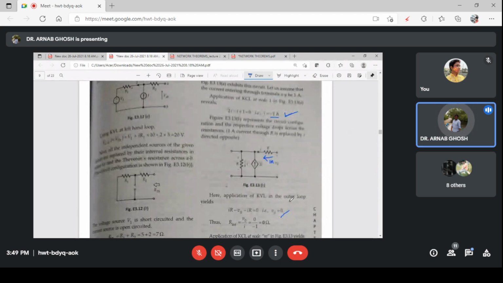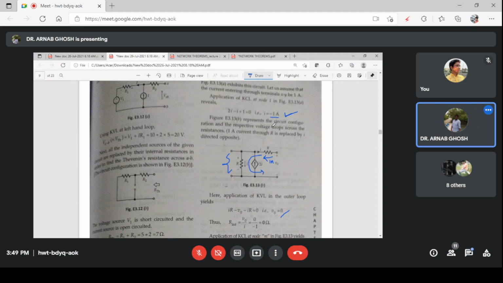VAB by 1. Now when we have open circuited this, you are applying KVL. Okay, so this is a super mesh. So how do we calculate in a super loop?